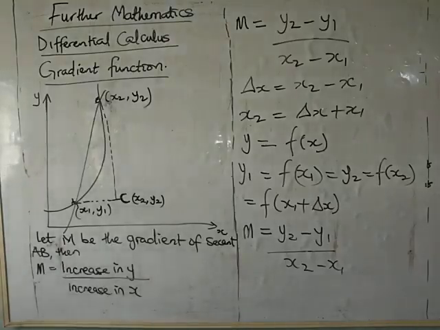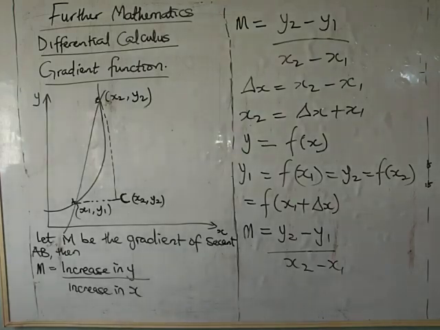We know that y1 equals f of x1 and y2 equals f of x1 plus delta x. So if I slot it into the gradient, my y2 turns to f of x1 plus delta x, while my y1 turns to f of x1.